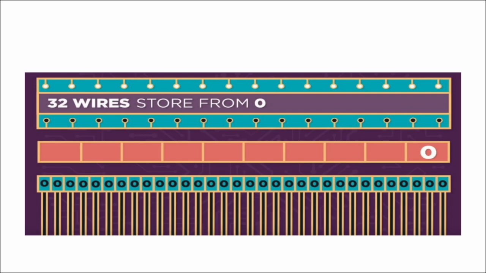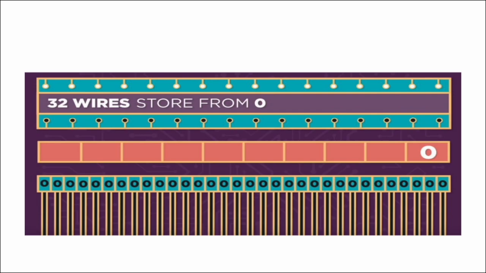Now, if I have k wires, 2 power k minus 1 is the maximum value that I can represent using k wires or k bits.